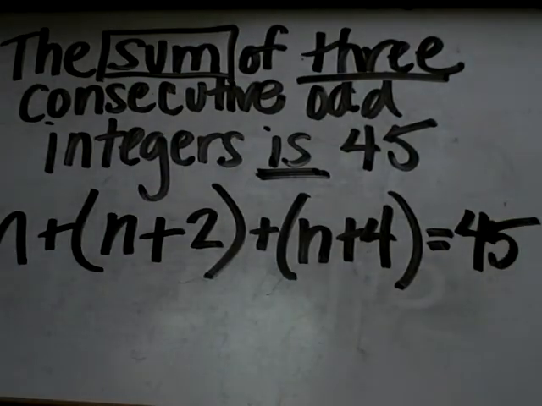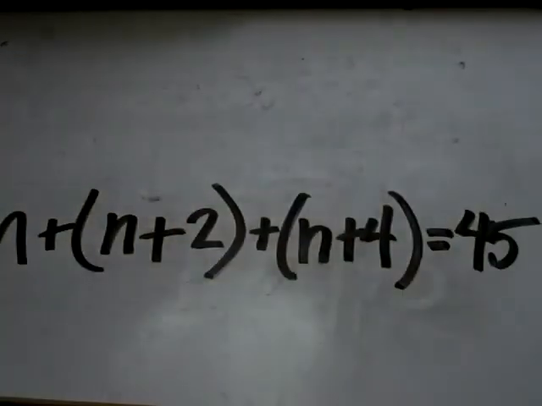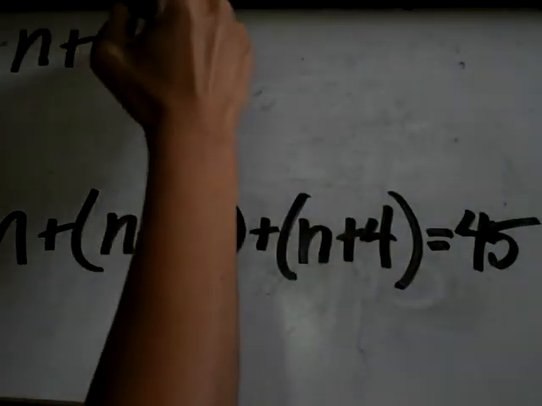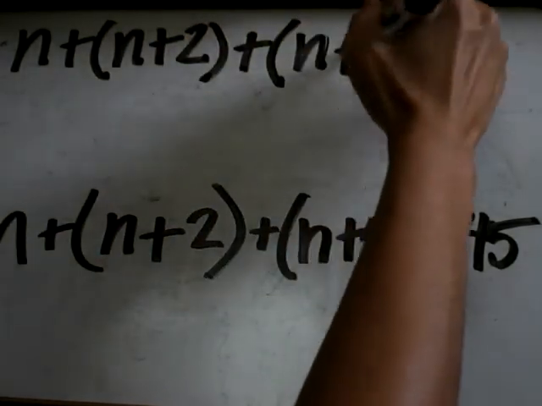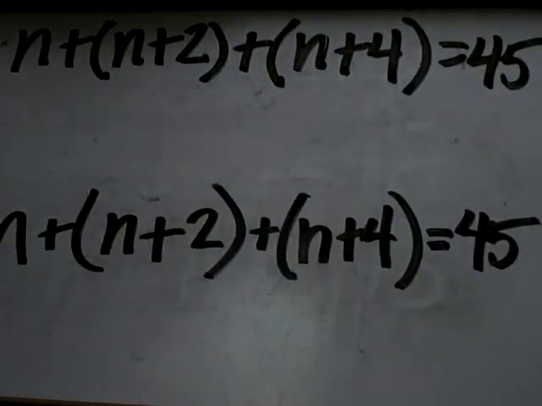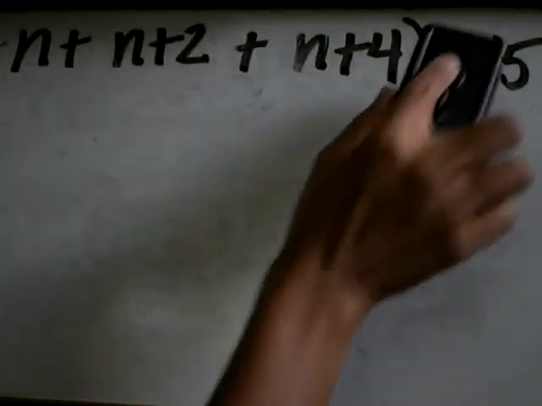I'm going to rewrite that up here so I can show my work. Here we go, now here's my equation. I don't really need the parentheses, so if I were to erase that, our equation looks like this.